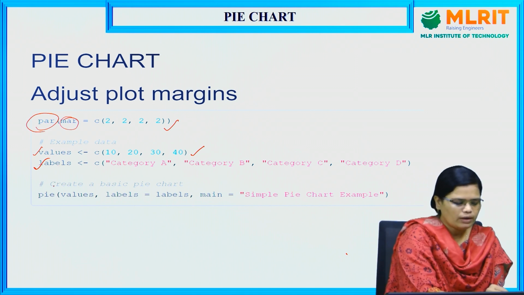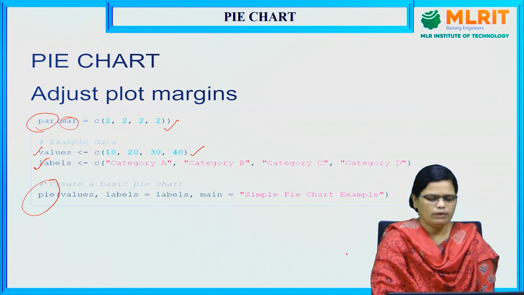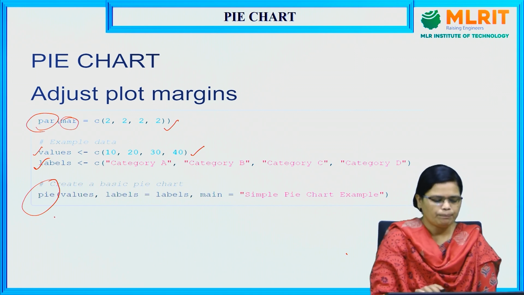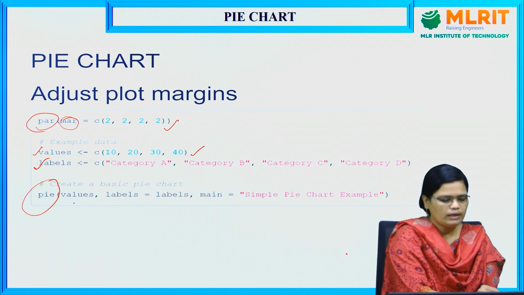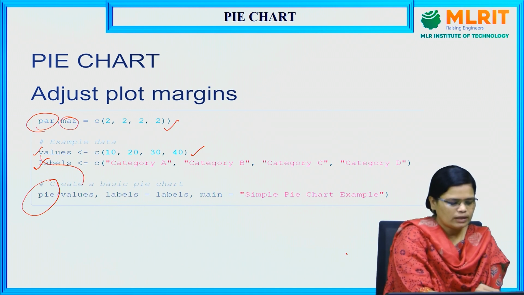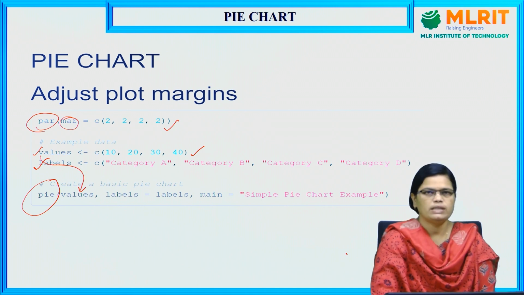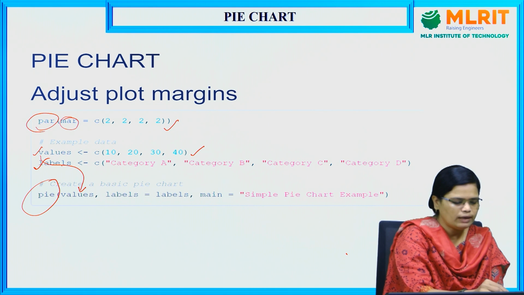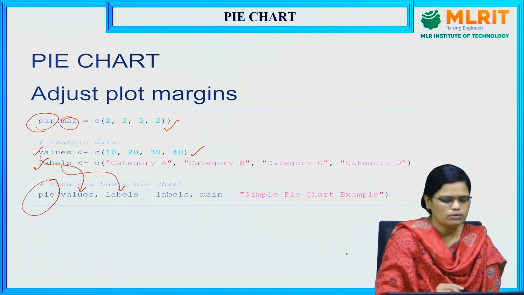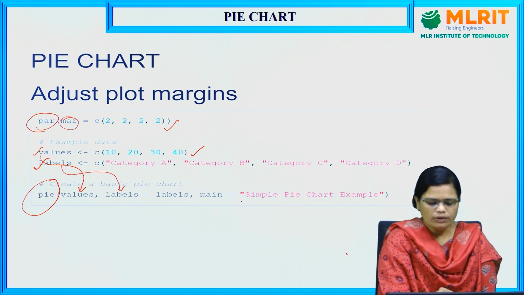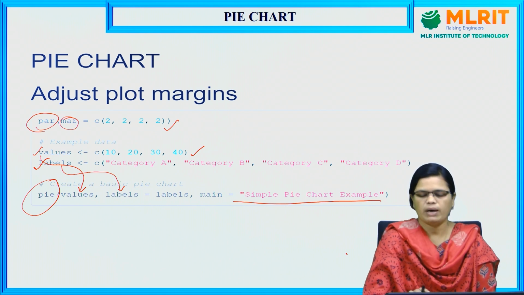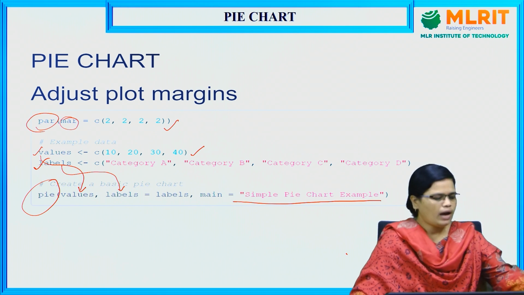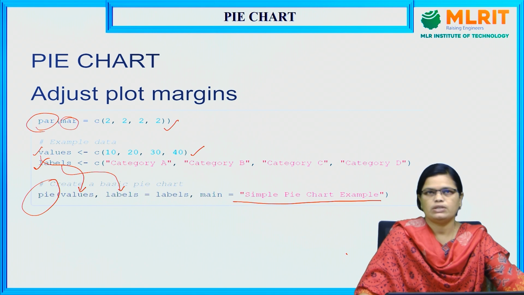Now, in R programming, we have a built-in pie function to display the pie chart, and here we are giving the values to the pie chart, and we are giving the corresponding labels to the pie chart, and we have assigned the name simple pie chart example as the visualization name.